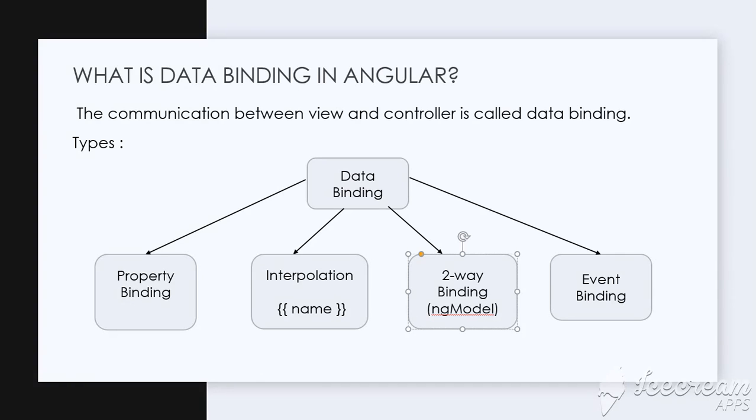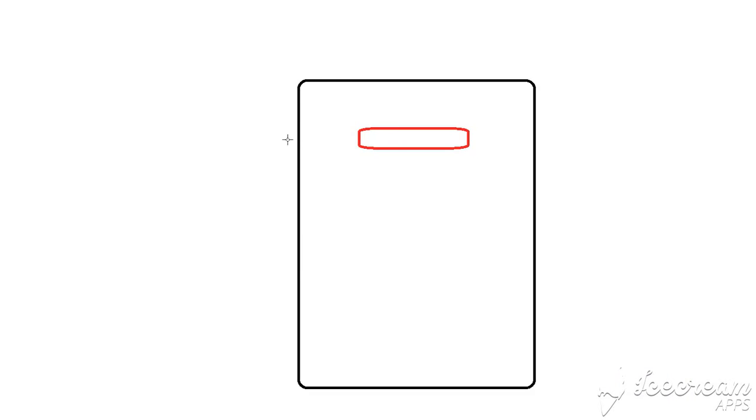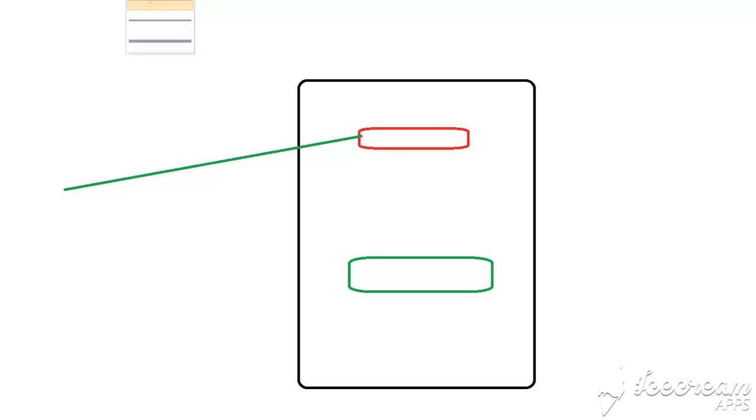I can explain it here with a picture. Let's say this outer black rectangle is our HTML file, and then we have here an input. Let's say we put a name here, and then we have a text field to display this name at the same time. So we are going to pass this data to our controller, this will be the controller.